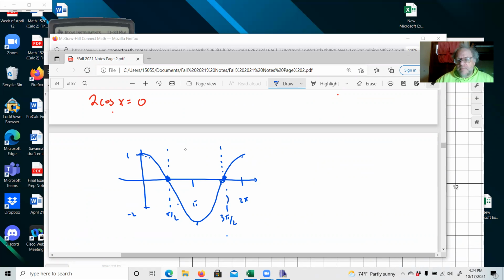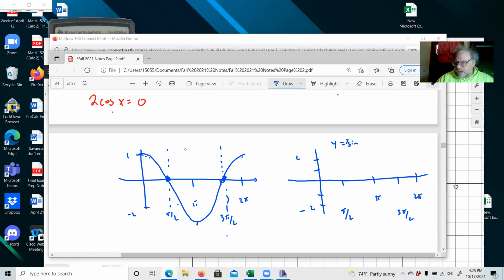Well, what happens with cosecant? That's more related to sine rather than cosine. So here's 2 pi, pi, pi over 2, and 3 pi over 2. This is y equals 2 sine x, and this is y equals 2 cosine x, right?